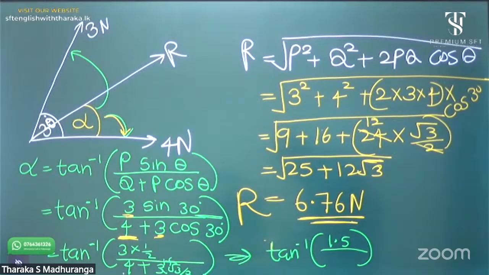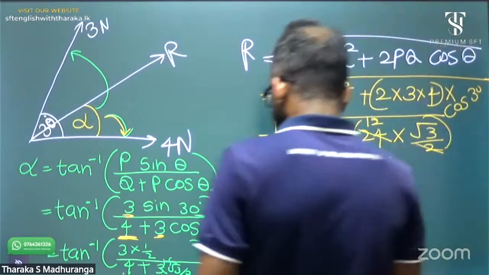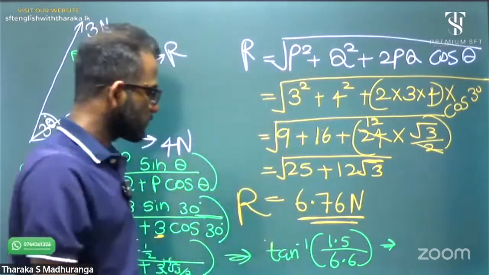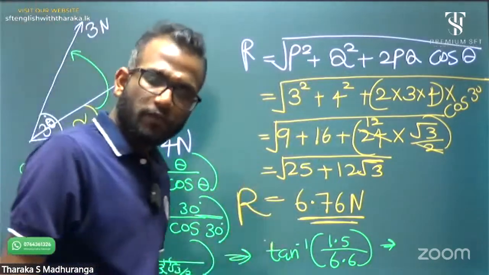1.5 means 3 over 2, root 3. It's 6.6. Maybe approximately you can get a value. Tan inverse 1.5 over 6.6.